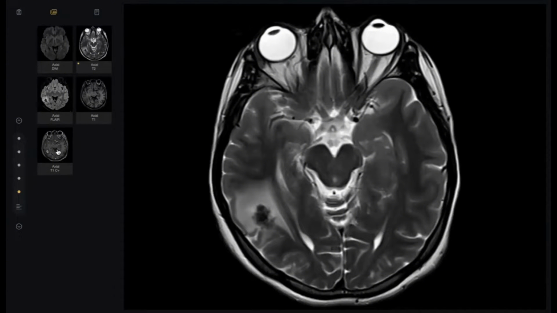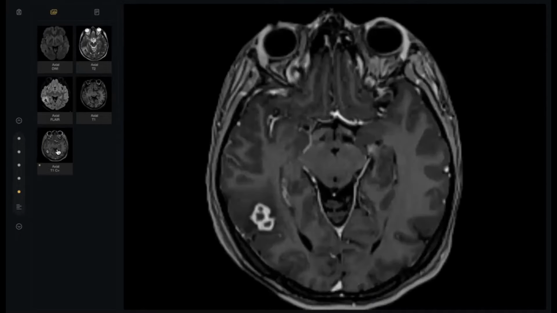But I would like to review it on post-contrast images as well as on T1 and FLAIR images. In the post-contrast, there is peripheral enhancement, so the cavernoma is probably ruled out. There is intense enhancement with perilesional edema, a well-defined focus with low signal in the center. So it can be a hemorrhagic metastasis.